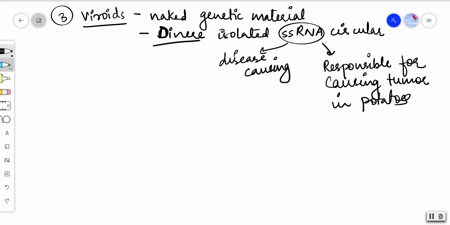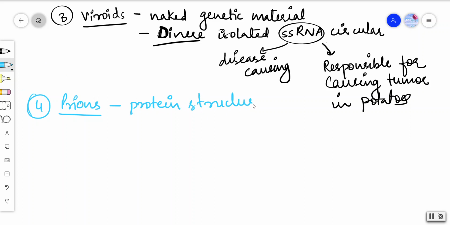Okay. Now the next, that is the fourth one, and this is the Prions. Prions are what? They are nothing but just protein structures, and these protein structures are disease causing.